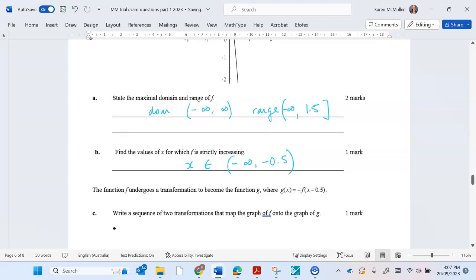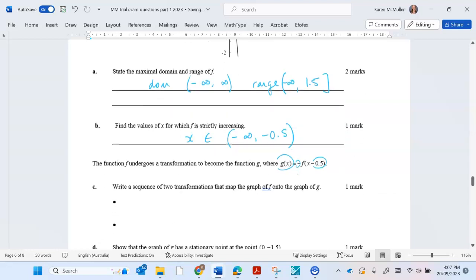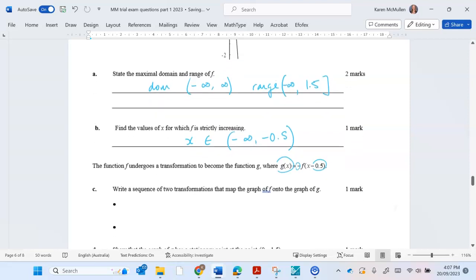The function f undergoes a transformation to become the function g, where g of x equals negative, so we've had a reflection, and x minus 0.5, so we've had a translation. Write a sequence of 2 transformations that map the graph of f onto the graph of g.